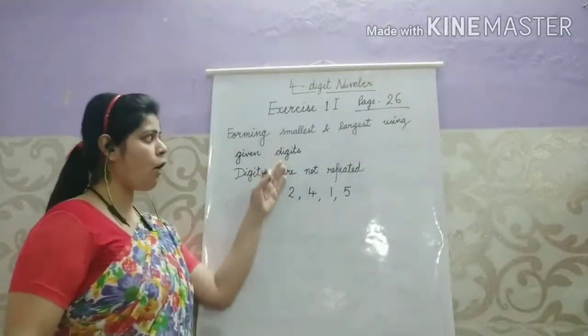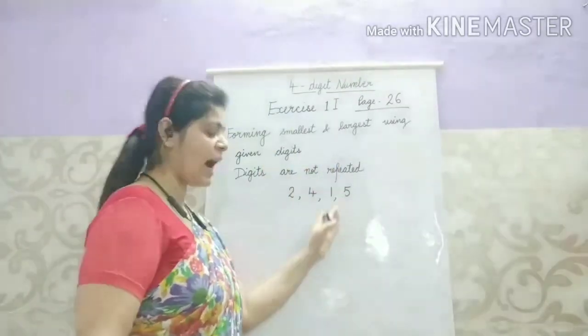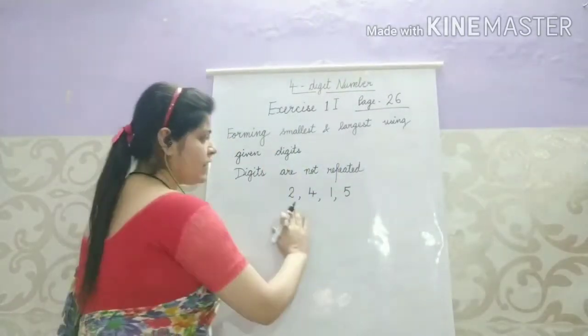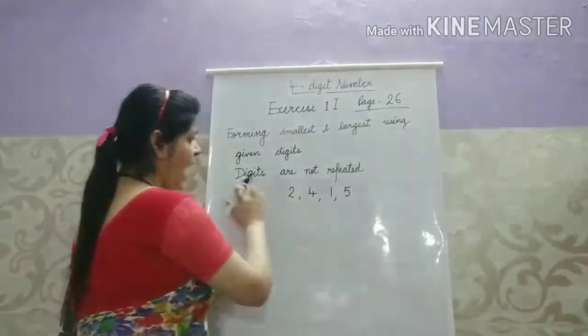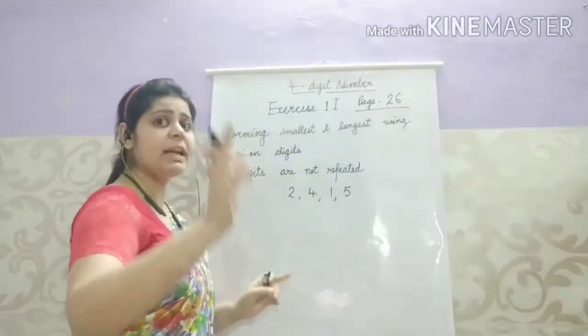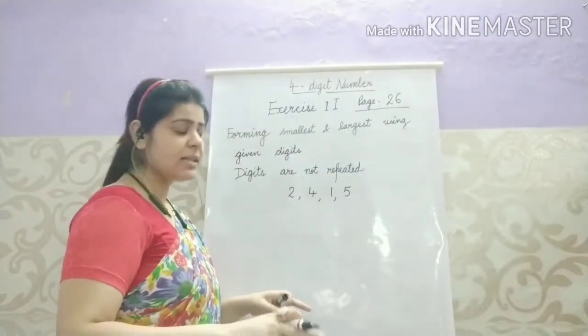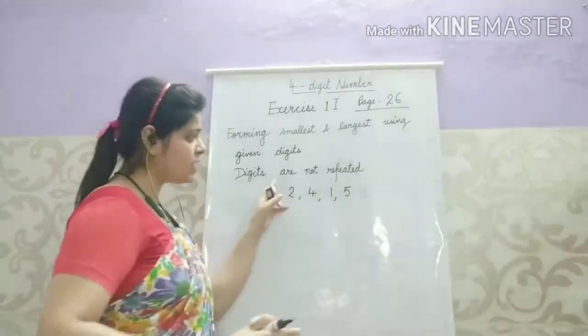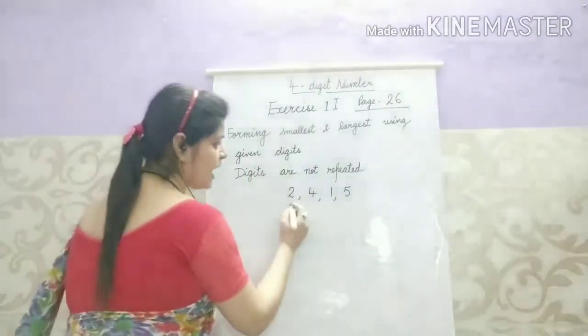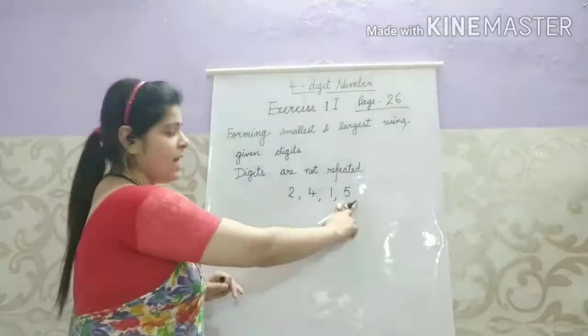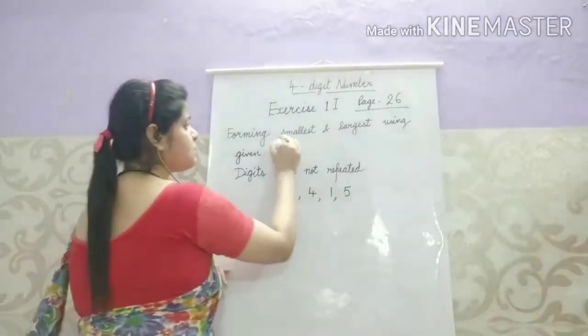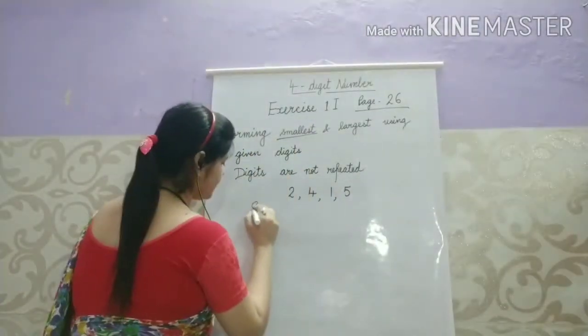You have to form a smallest or a largest number with the help of these digits only, and the digits should not be repeated again. So, first of all, we will see the smallest one.